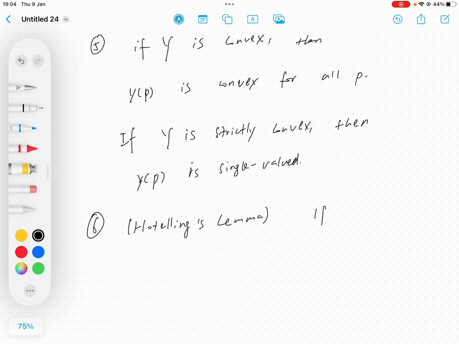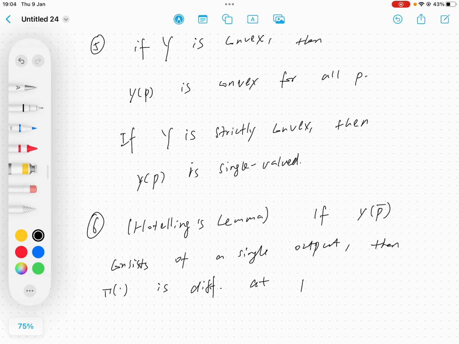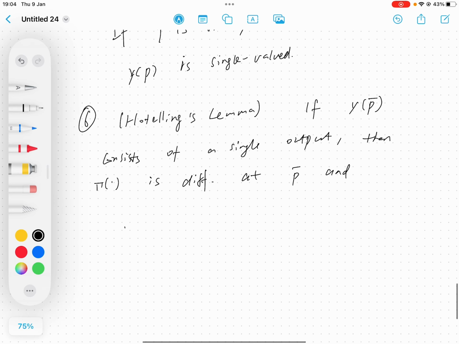It's saying that if y(p bar) consists of a single output, then the profit function pi is differentiable at p bar, and the gradient, or the vector of the partial derivatives of pi at p bar, will be exactly y(p bar). Okay.